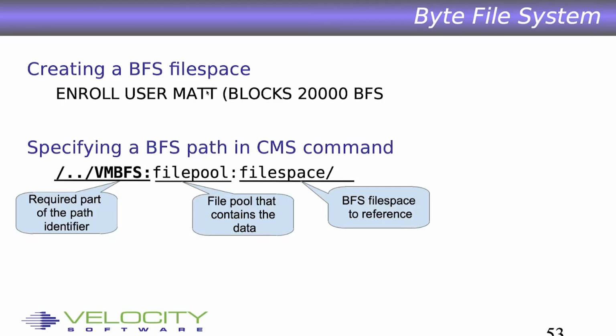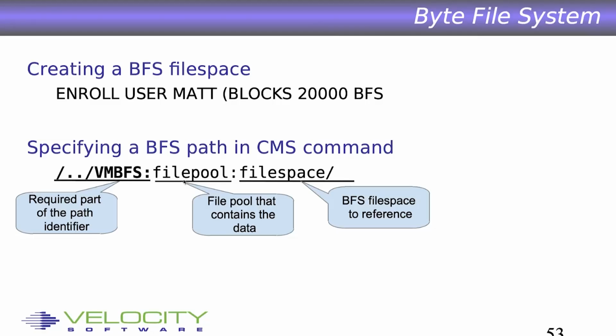So to create a BFS file space, you enroll a user with the BFS option. So that creates MAT as a BFS file space and gives him 20,000 blocks of space. To specify a BFS path in a CMS command, and James touched on this a little bit in his presentation, there's this qualifier, this identifier that tells the command that it's a BFS file space that you're dealing with.